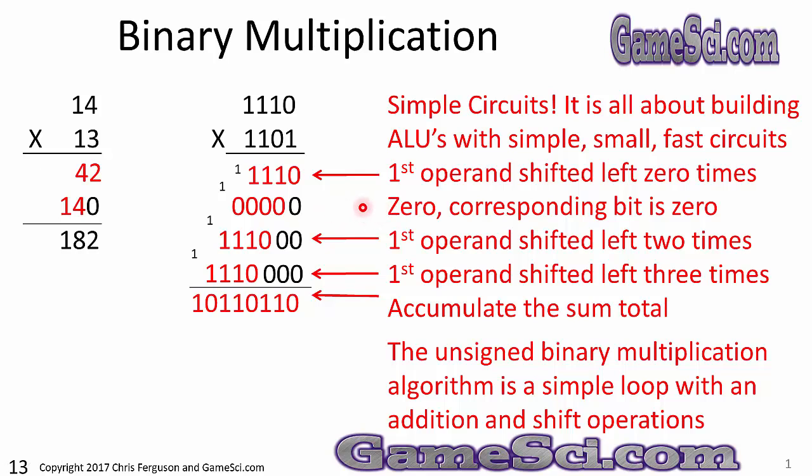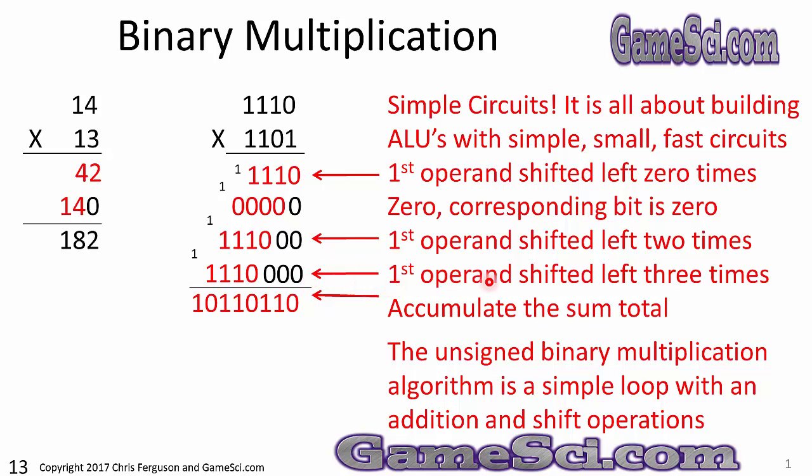There's a 0 in this column because there's a 0 in this bit right there. Anytime you multiply 0 by anything, you get a 0 result. This is the first operand shifted left 2 times. Since we're multiplying by this column in the 4th place, we take the first operand, shift it left twice, and that's this row of our result.